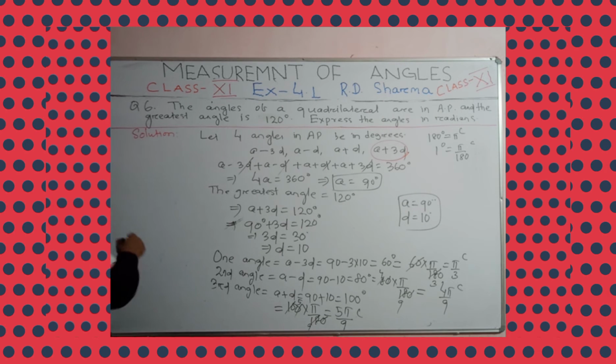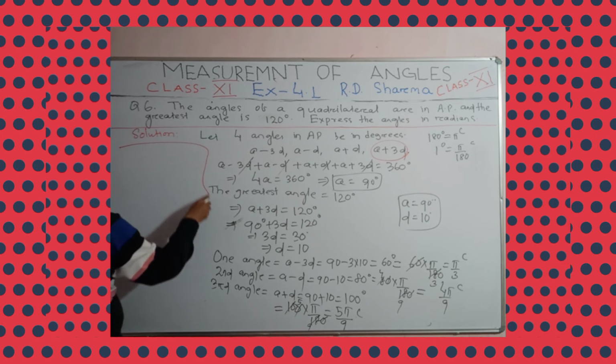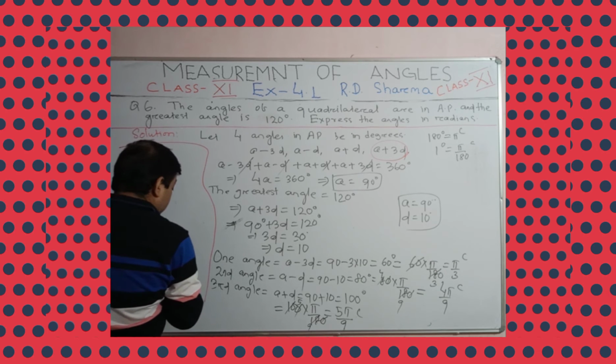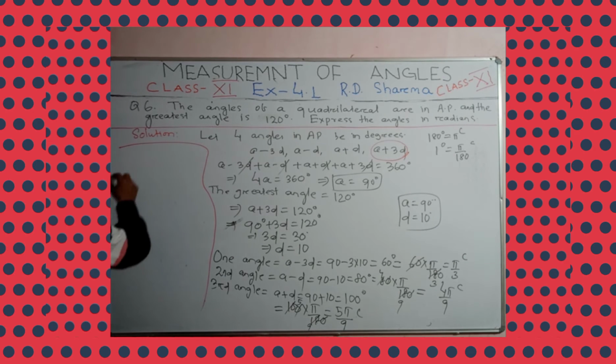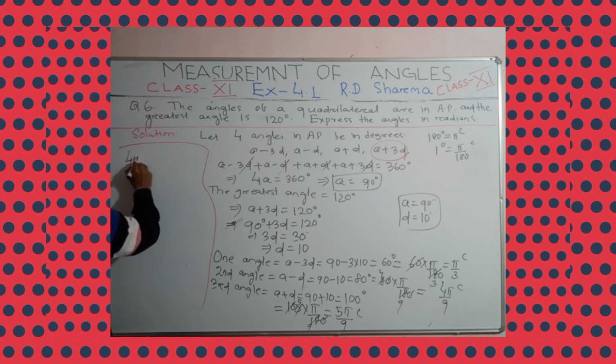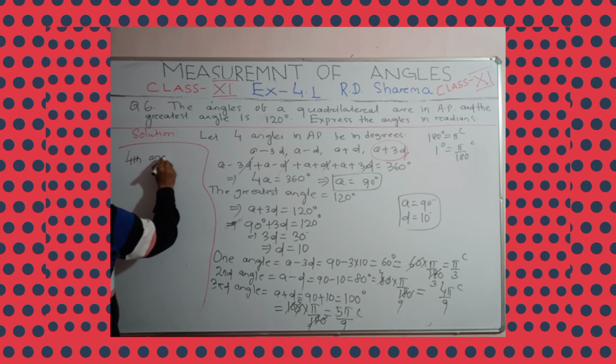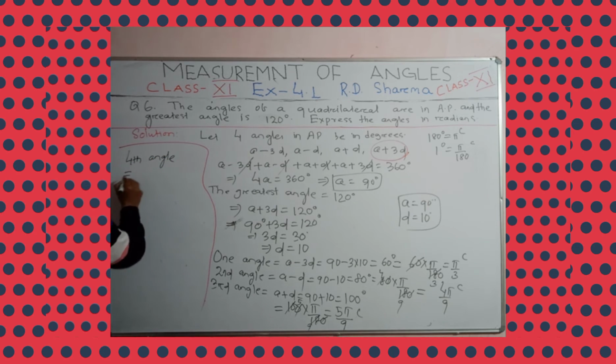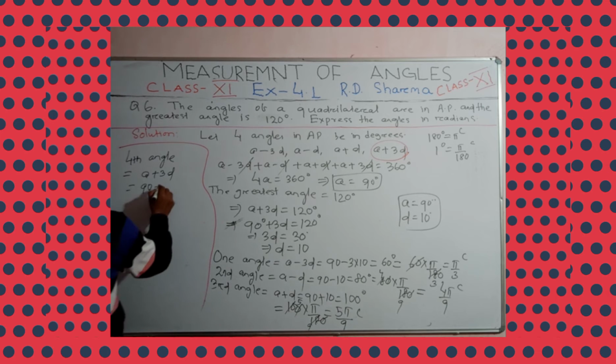And last, the fourth angle. Write down the fourth angle here. The fourth angle is equal to A plus 3D. The value of A is 90 and the value of D is 10, so 3D is 30.